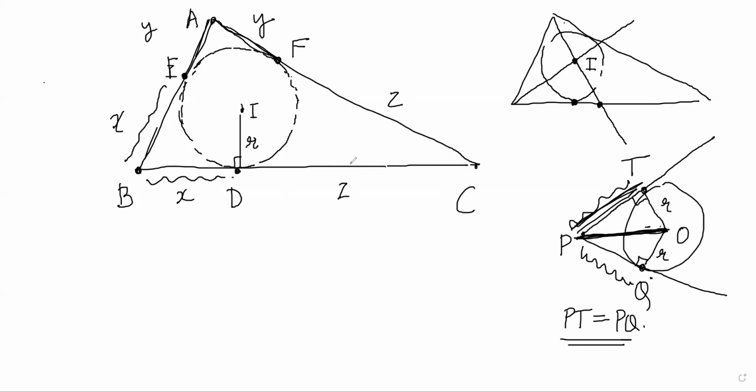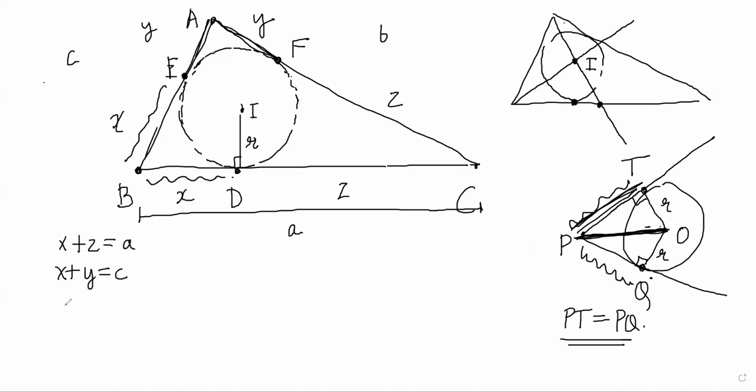Right? Yes, sir. You should also know that our original symbols were a for BC, b for AC, and c for AB, the whole length. So we can see from here that x plus z is equal to a, x plus y is equal to c, and y plus z is equal to b, right?